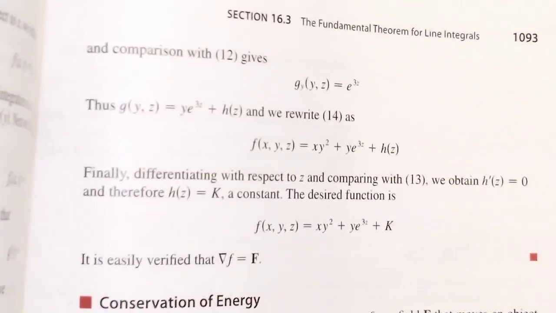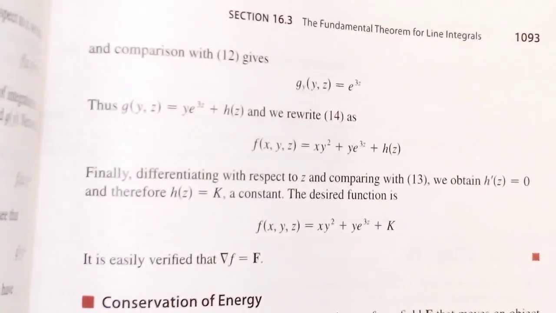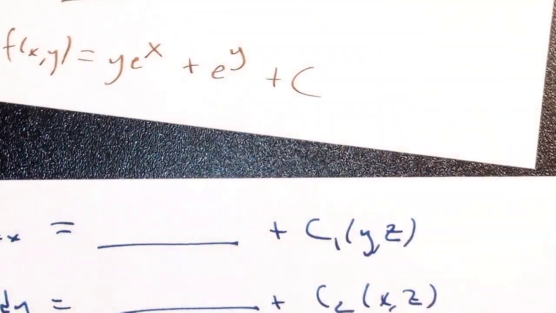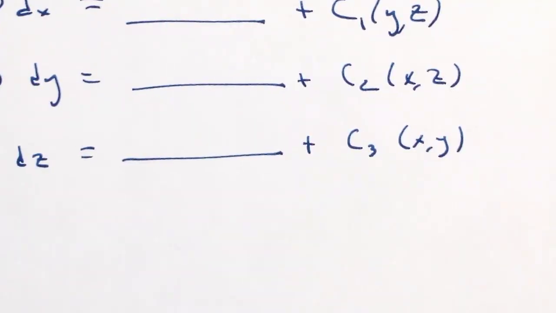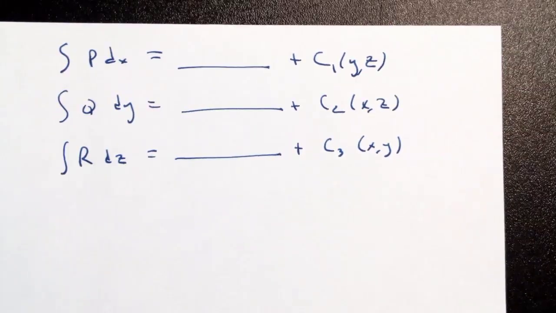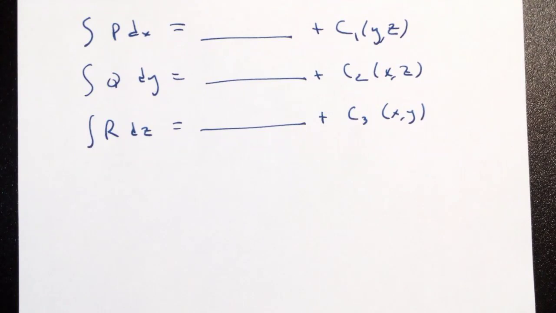Textbook actually does this differently from me. And it bothers me because they don't tell me why they're doing it in the order they do it. And that's the part that usually annoys me. So the other way to do this is to say, oh, I did an integral.